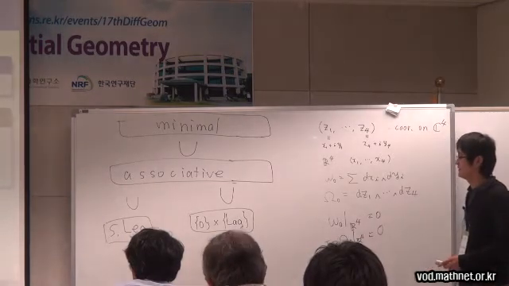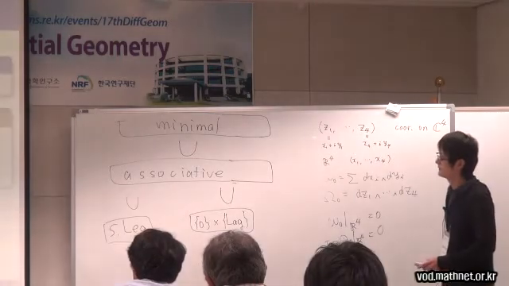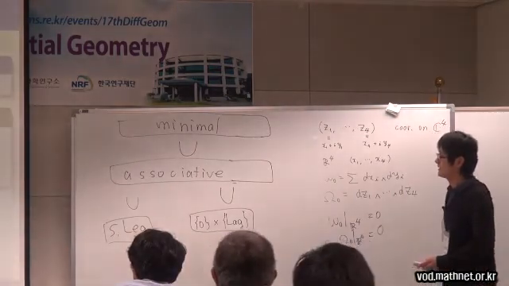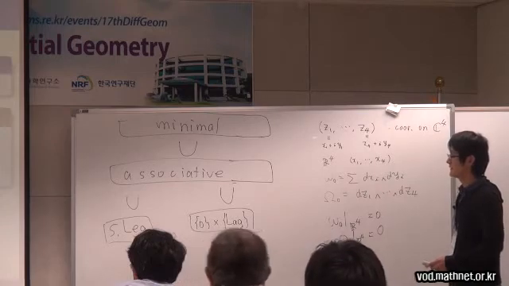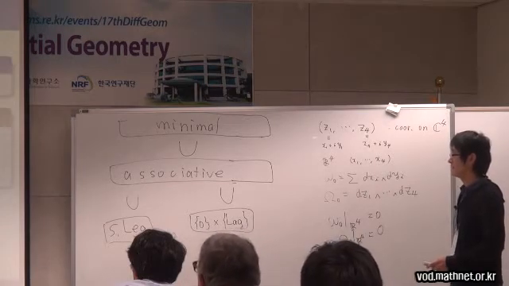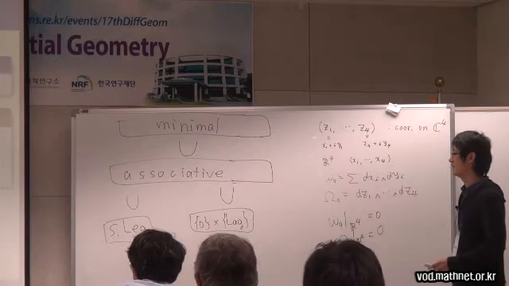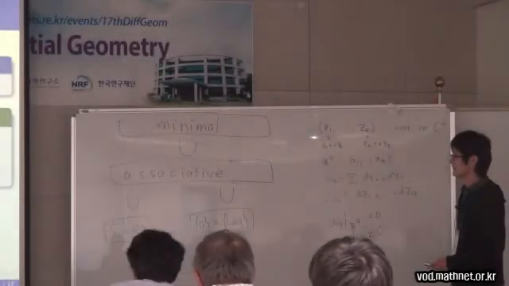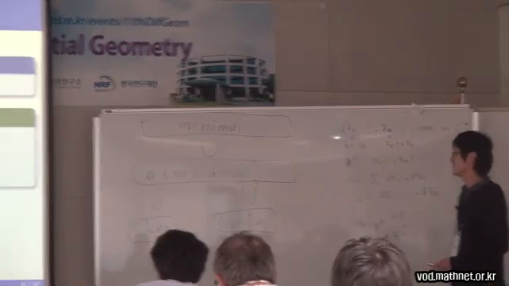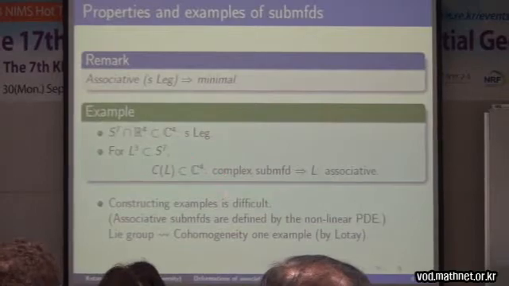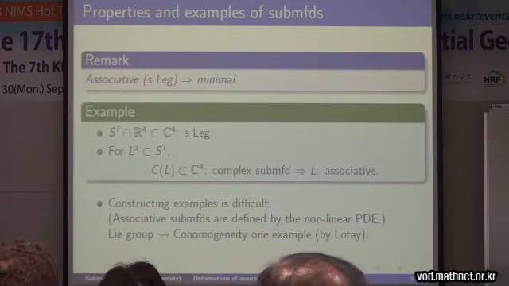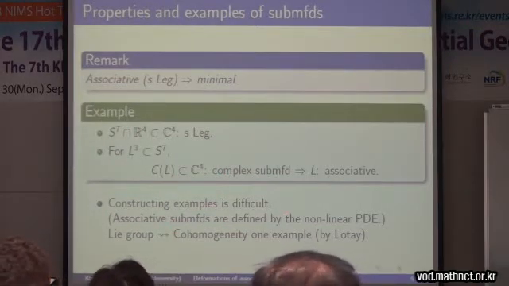And for a more complicated example, let L3 in S7 be an oriented 3-submanifold, and suppose that its cone CL in C4 is a complex submanifold, then it is known that L is an associative submanifold. So we give two examples, but in general, constructing examples is a very difficult problem.